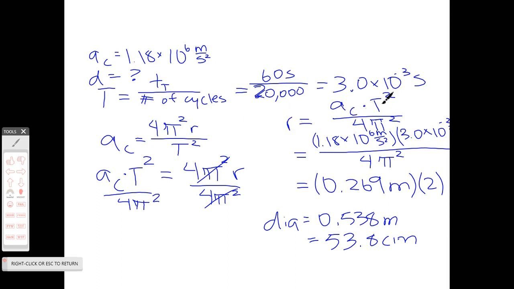We take our information here, plug it in, and we get a radius, I apologize, I said diameter, of 0.269 meters. Multiply by 2 to get to diameter. And our diameter is going to be 0.538 meters or 53.8 centimeters. And that takes us to the end right now.